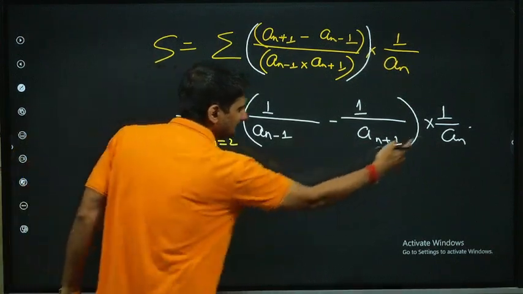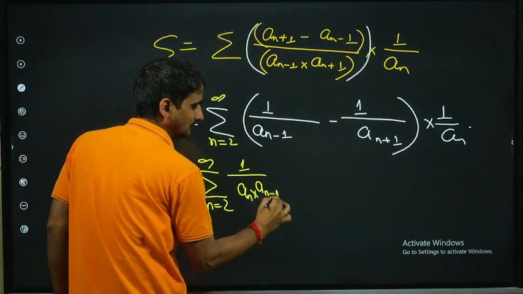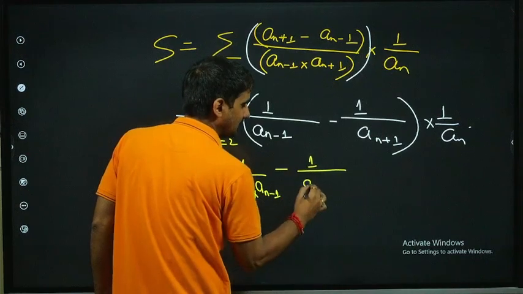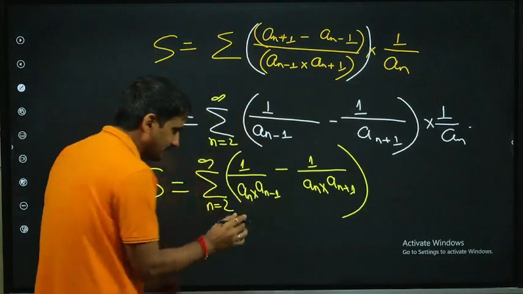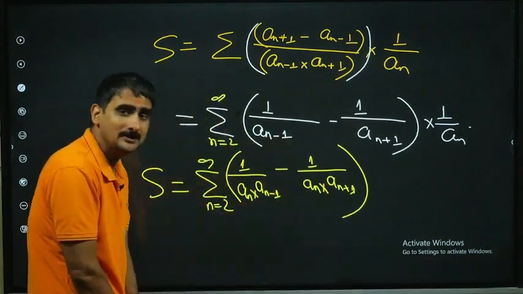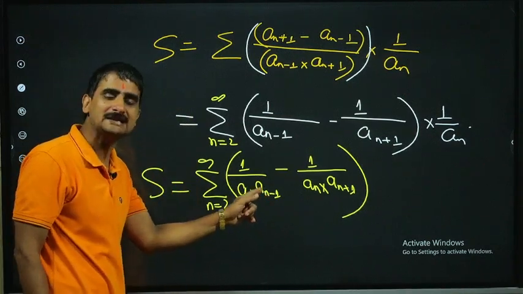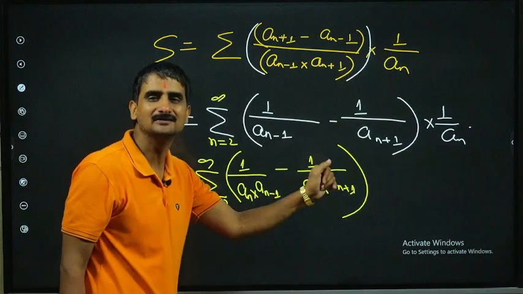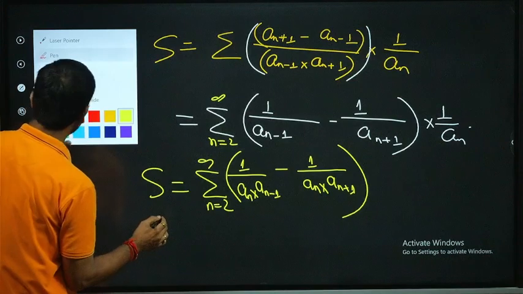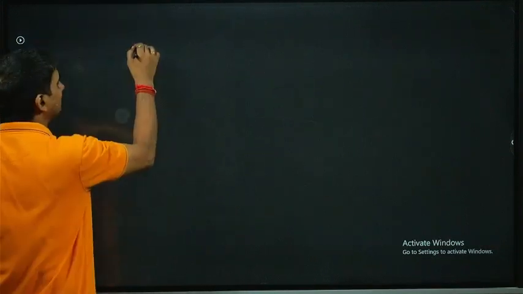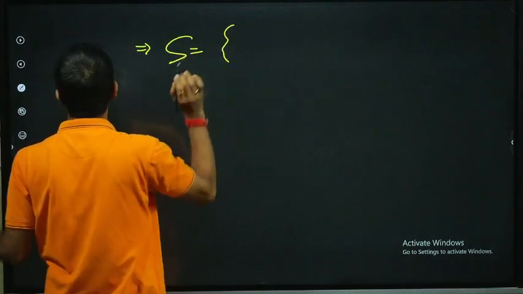I will bring this inside, and now this is a(n) into a(n-1) minus a(n) into a(n+1). Aren't they, this one and this one, consecutive terms? In this one, if I replace n by n plus 1, you get this term. Now just open it by substituting the different values of n, starting from 2 of course.